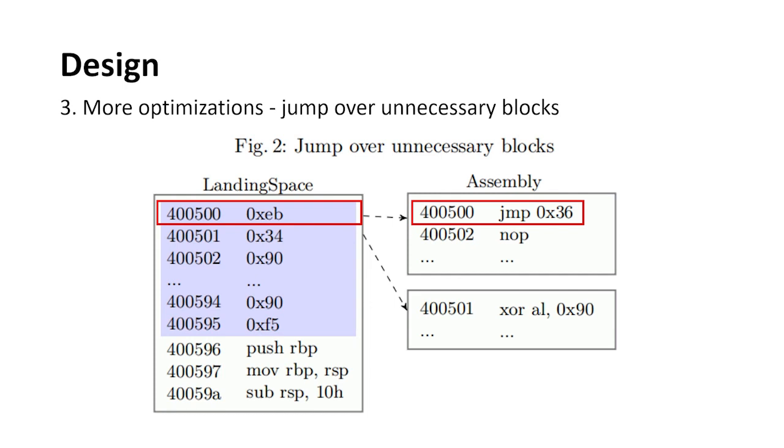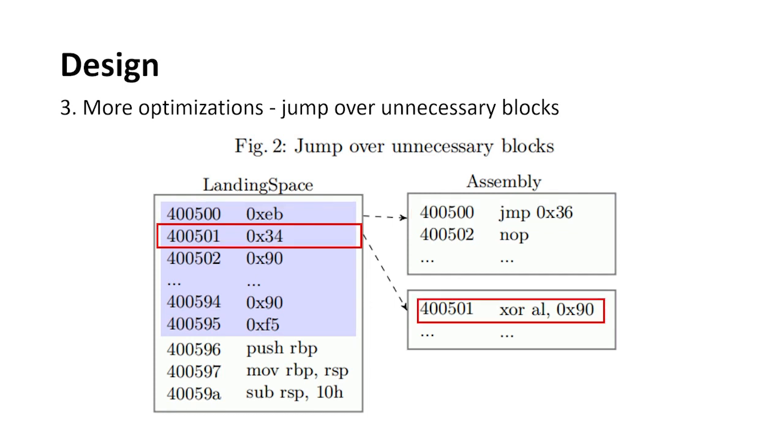And when the control flow lands at the second byte, which is also the jump offset of the first instruction, it will be recognized normally as an exclusive OR operation. If we can insert enough jump instructions into the landing space, most unnecessary blocks will be skipped.